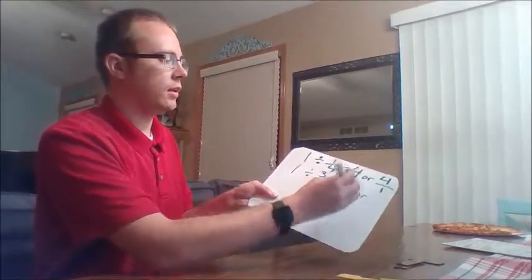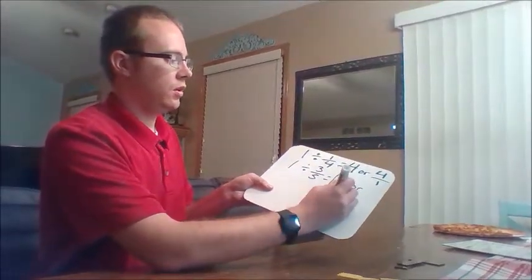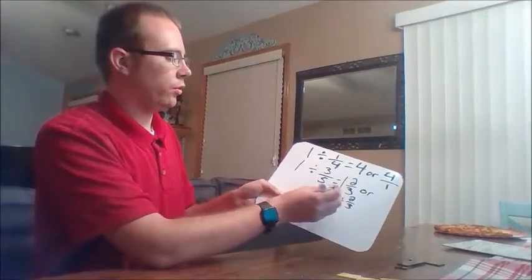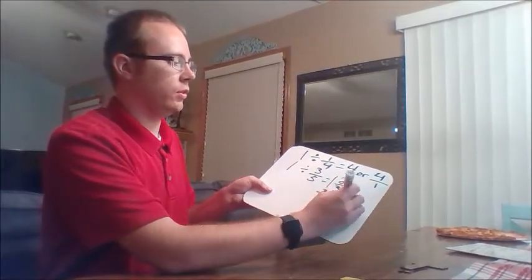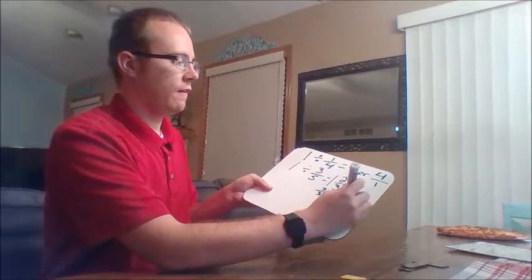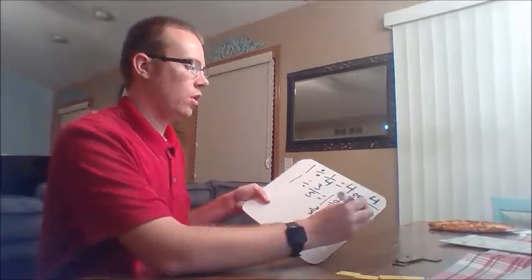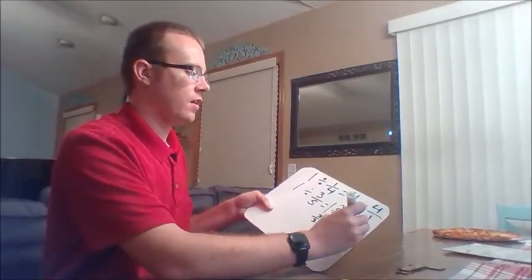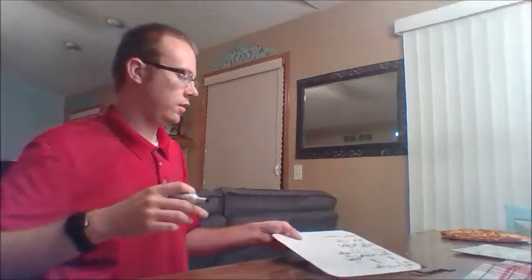And then we're going to add the extra, the 2/3. So 3/3 plus 2/3 is going to equal, and we go straight across, 5/3. So this is either 1 and 2/3 or 5/3. This would be important for later.